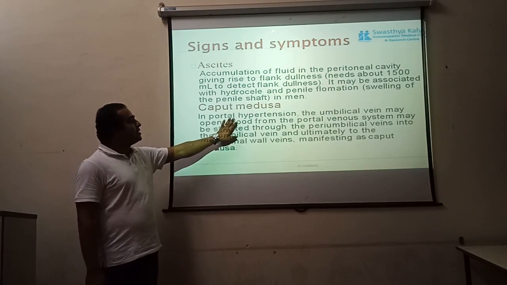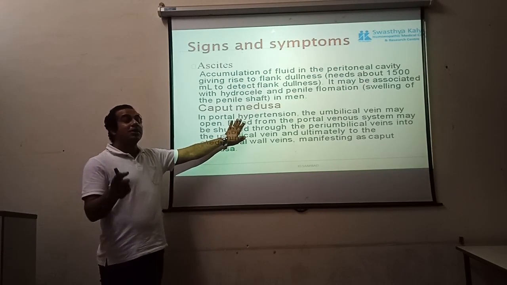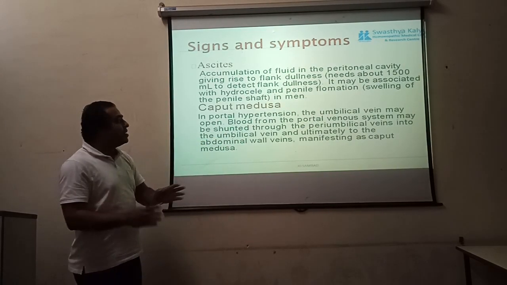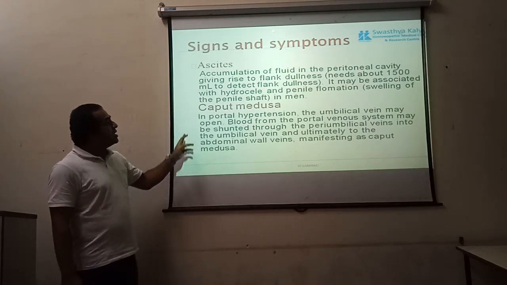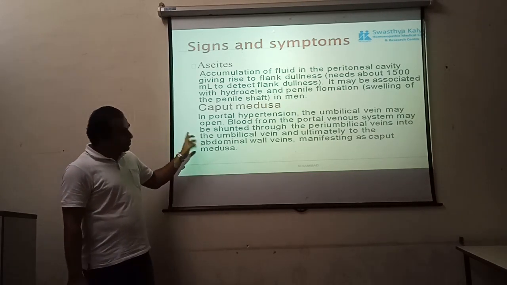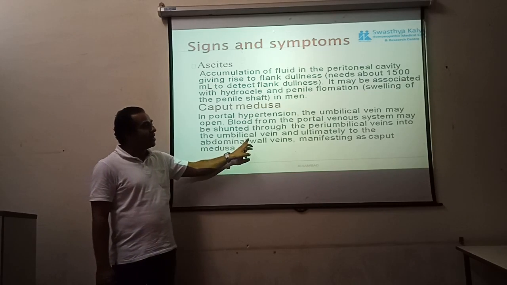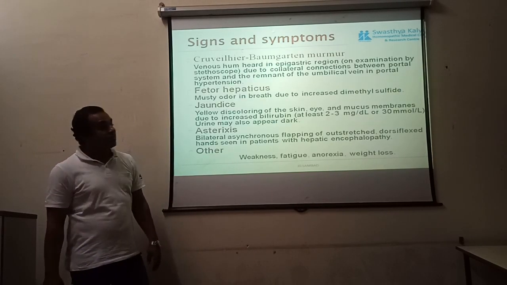Why is this occurring? This is occurring due to portal hypertension. Why does portal hypertension develop? You can blame the fibrotic tissue present in the liver, which is creating portal hypertension. With this portal hypertension, the umbilical vein will open and let its blood into the periumbilical vein and route into the umbilical vein, which gives an appearance of caput medusae.